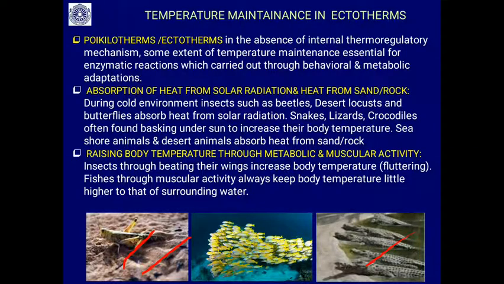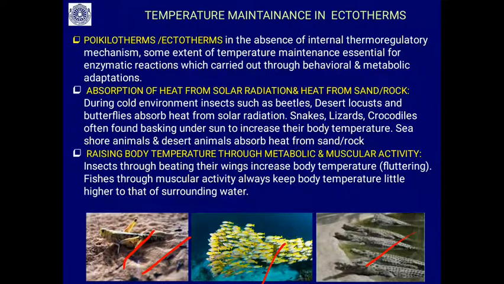Then, raising body temperature through metabolic or muscular activity. You will find the fishes in the water all the time doing muscular activity, actively moving here and there. This increases the body temperature, so that the enzymatic reactions will take place. The insects are also always fluttering their wings.